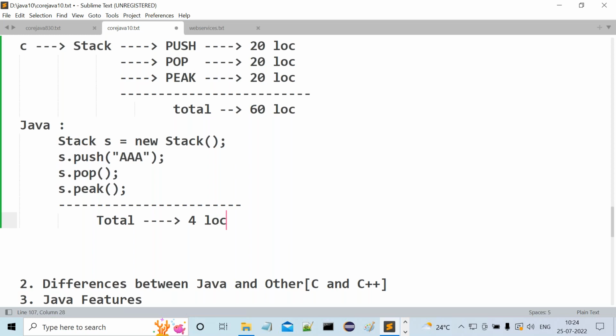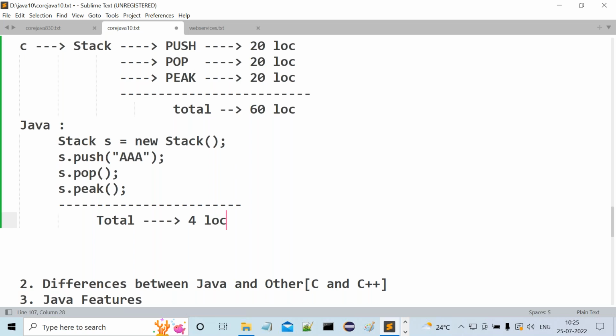In the case of a tight coded programming language, less number of instructions and more implementation: less instructions, more results. In the case of a loose coded programming language, more number of instructions, less result.